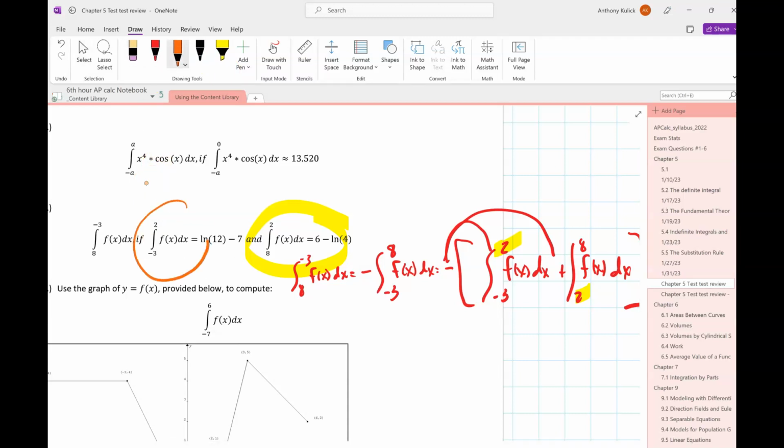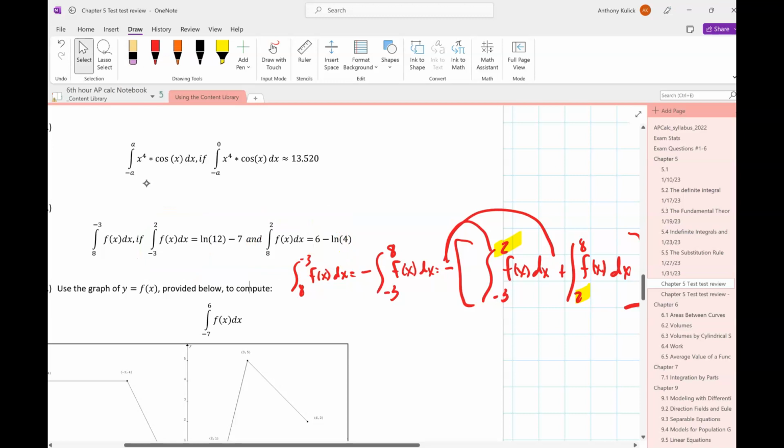And the integrals I needed to end with were -3 to 2 and then 8 to 2, because those are the ones that I need, right? And I needed to start with this one, 8 to -3. I think maybe on the key, did I flip this one and then link them together? Might have done it that way. That's fine too. Same difference. Ended up with the same answer either way.